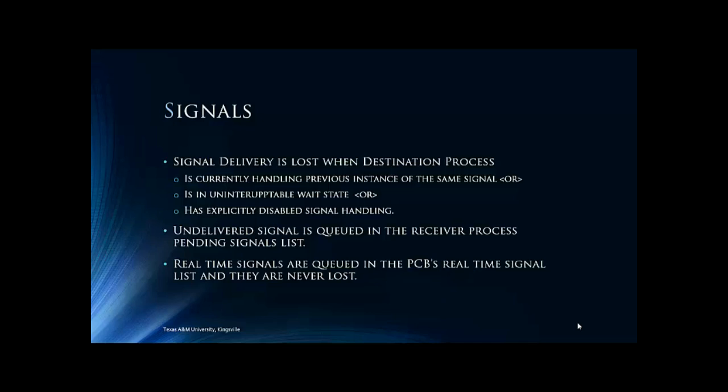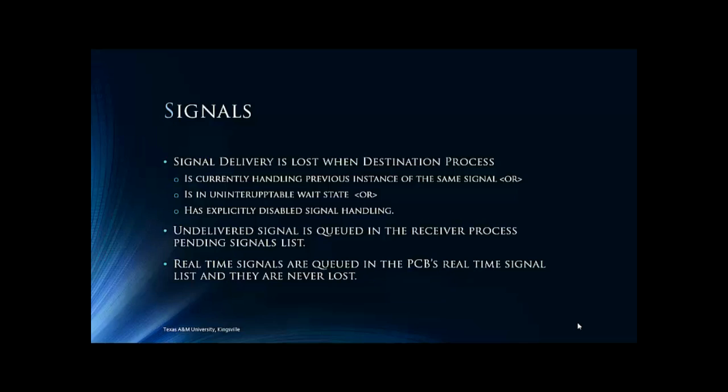Signal delivery is lost when the destination process is currently handling a previous instance of the same signal, is in an uninterruptible wait state, or has explicitly disabled signal handling. When any one of these is true, the signal delivery will be lost.